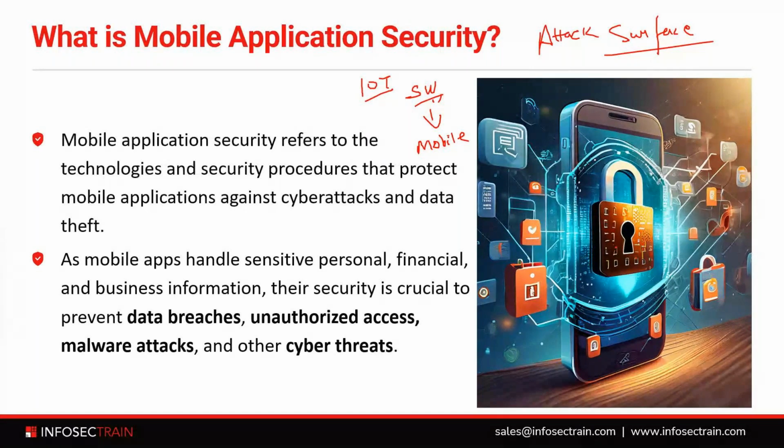I can perform network based attacks because your data is going from your smartwatch to your mobile phone, right? Then it's not getting stored in your mobile phone, right? Let's say you lost your mobile phone, and next day you purchased a new mobile phone. What will happen? You will purchase a new mobile phone, then you will install the same application, and whatever data was there, that data is back, right? Why is it back?